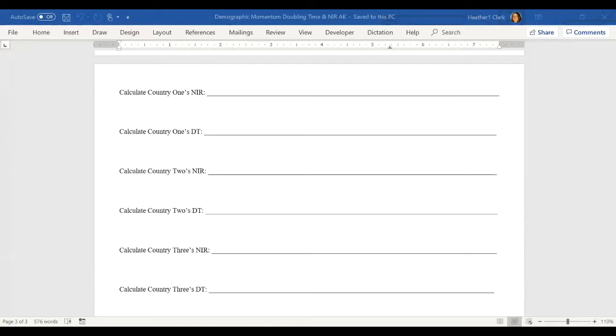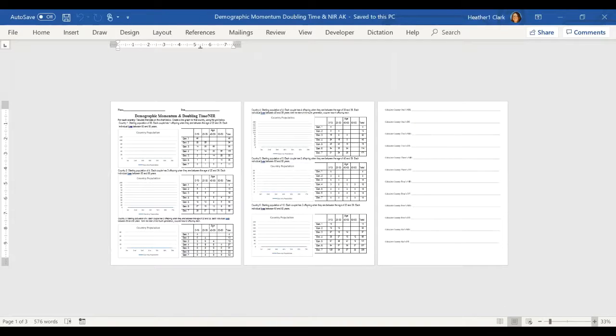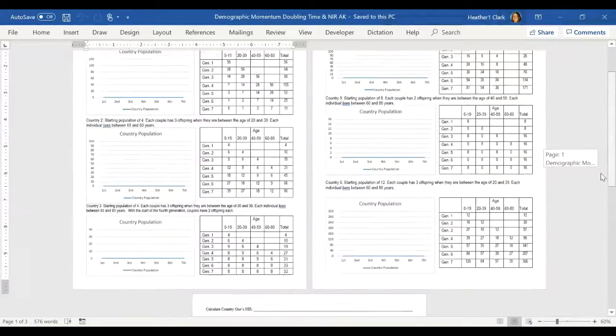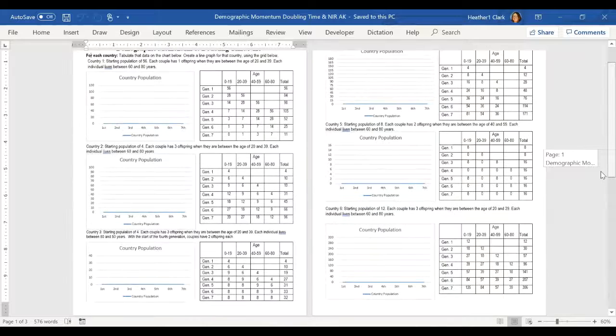So the first thing I'm going to do is make this smaller so we can see both pages at the same time. And then we're going to move over so we can see the next page. For this section, you're going to use this information right here.